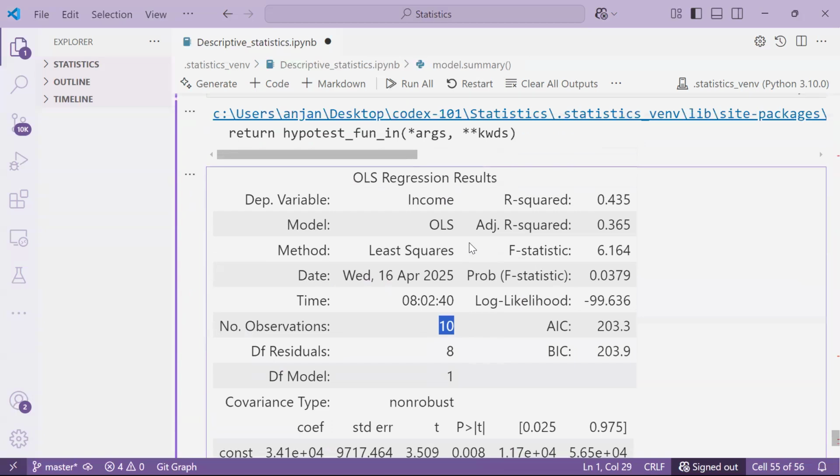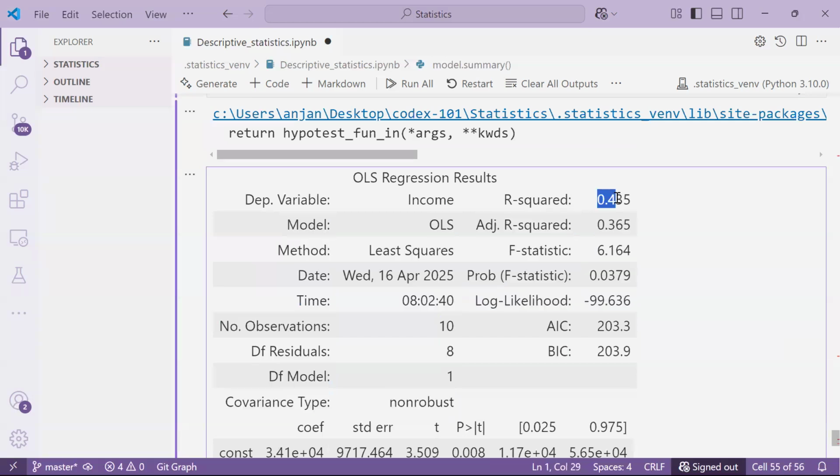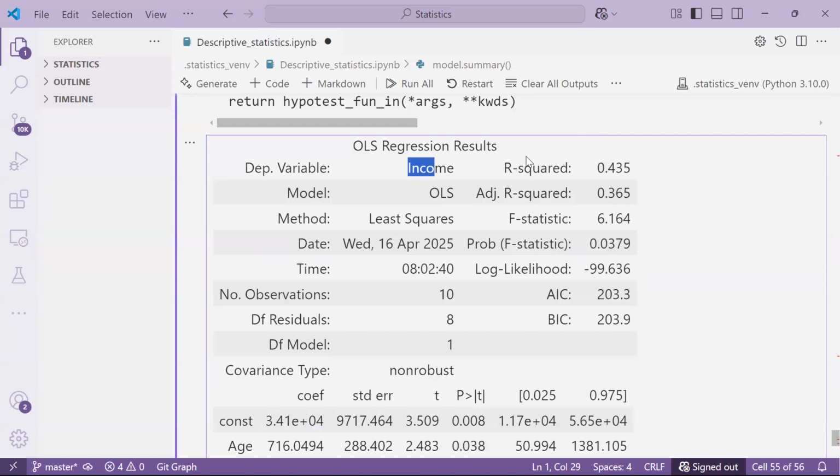Now let's start with R square. Your R square is 0.435. This R square value lies between 0 and 1. If it is nearer to 1, it is better. What R square does is tell what percentage of variance in our dependent variable is explained by our independent variable.